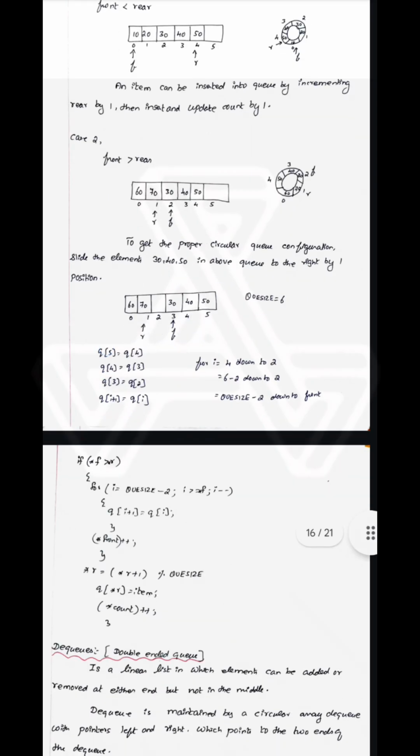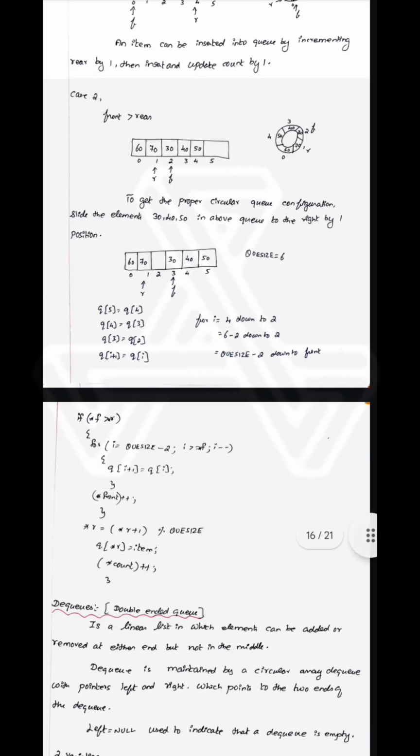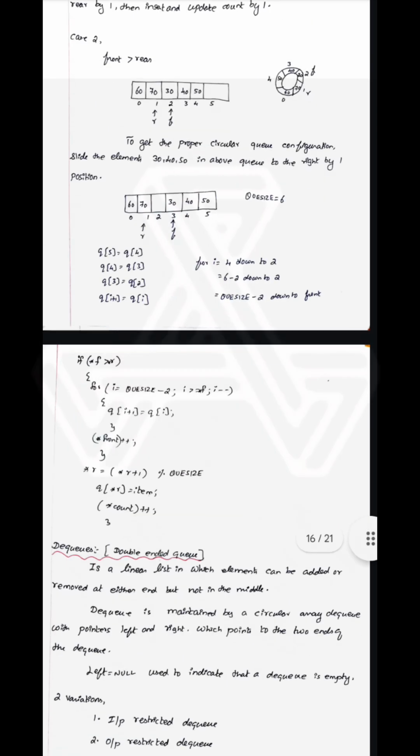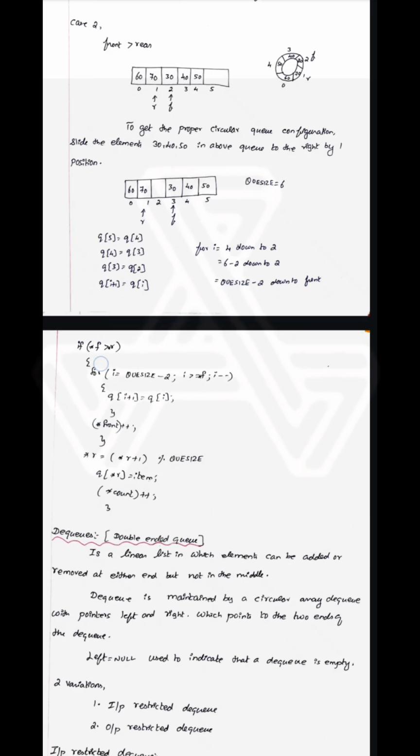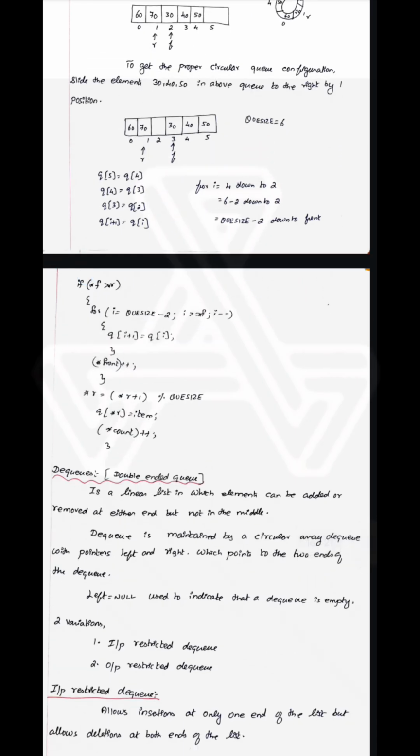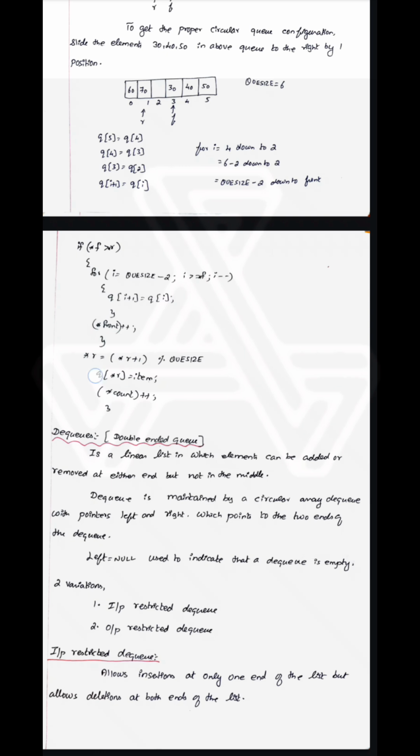To get the proper circular queue configuration, slide the elements 30, 40, 50 in the above queue to the right by 1 position. Queue size is 6, 4 down to 2, then queue size - 2 down to front.